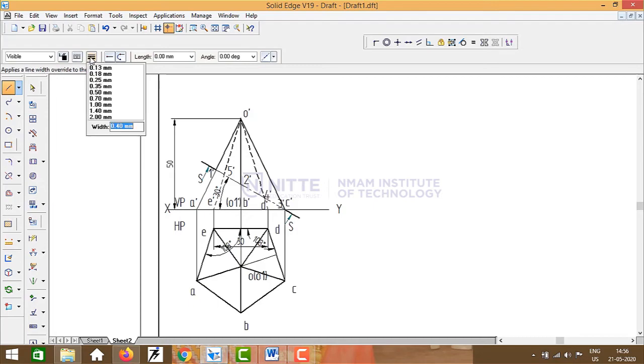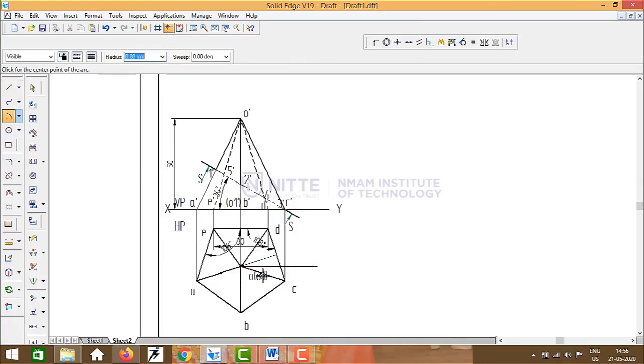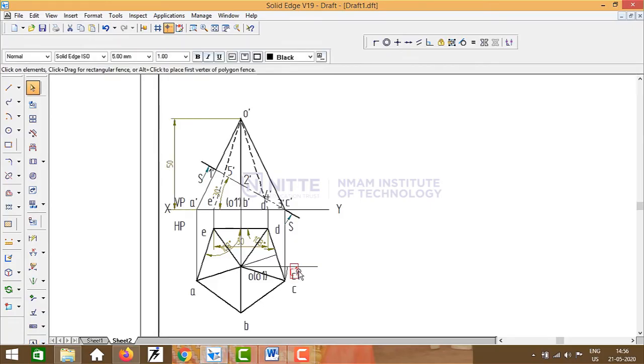It's better as a construction line, 0.05, the horizontal line from O. Now go to arc by center point, select O as a center, OC as a radius, and draw the arc, and let's name it point C1.